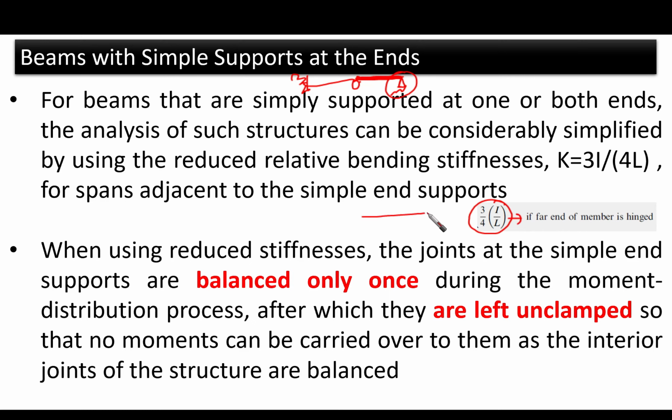The relative stiffness, if the far end is fixed, is 4EI over L, and if the far end is simply supported, it is going to be 3/4 of I over L. So the analysis of such structures can be considerably simplified by using the reduced relative bending stiffness, K equal to 3I over 4L, for spans adjacent to the simple end support.